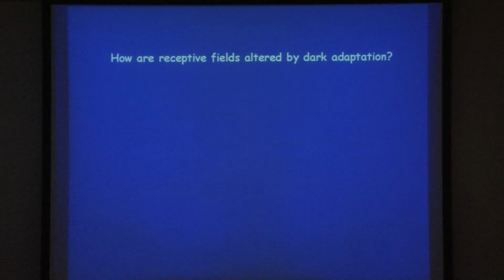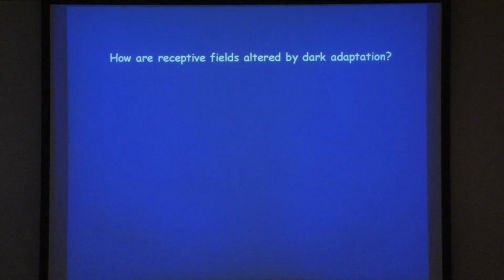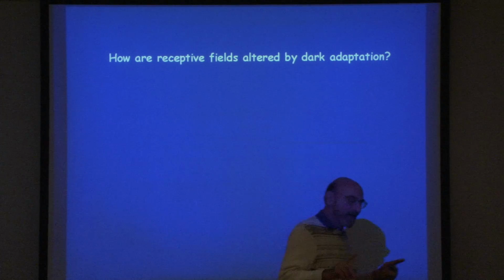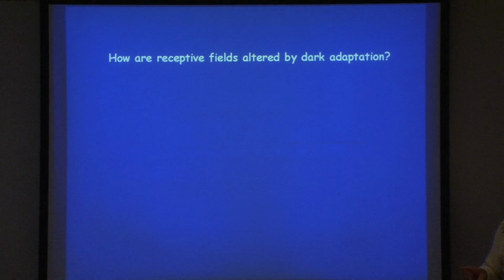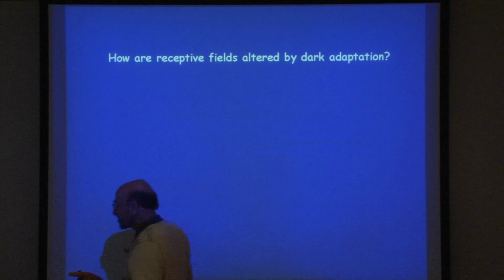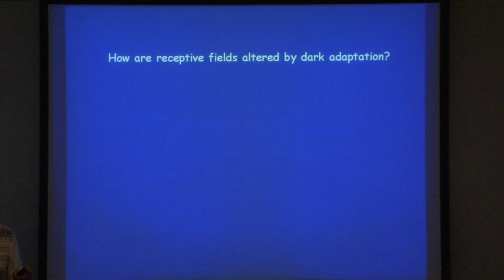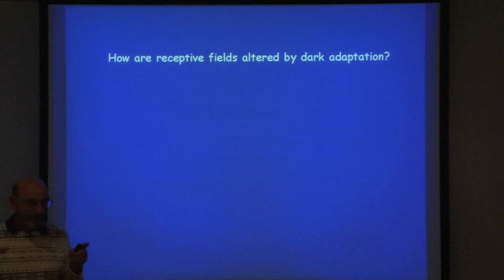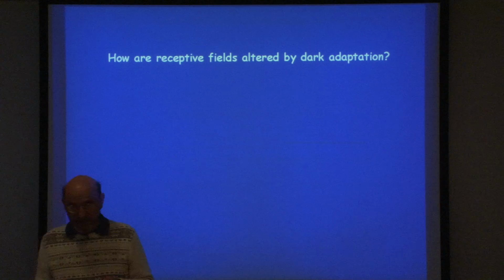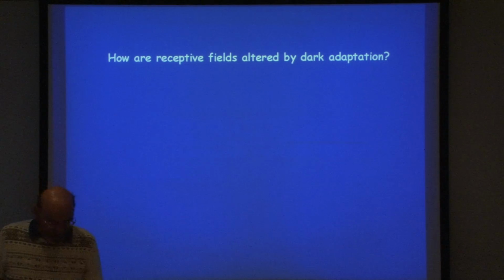Now, so we can ask first of all, without talking about APB at all now, simply ask a general question: what happens to the receptive fields of retinal ganglion cells under dark-adapted conditions?